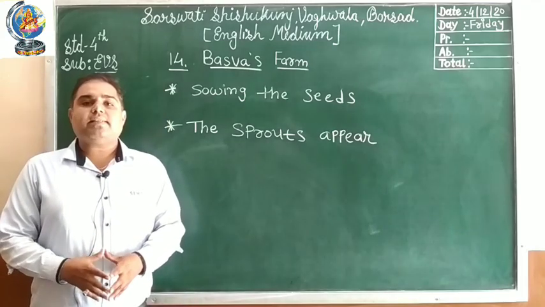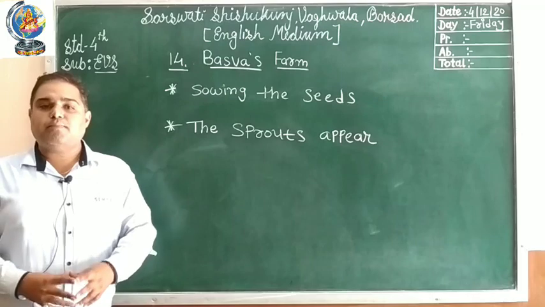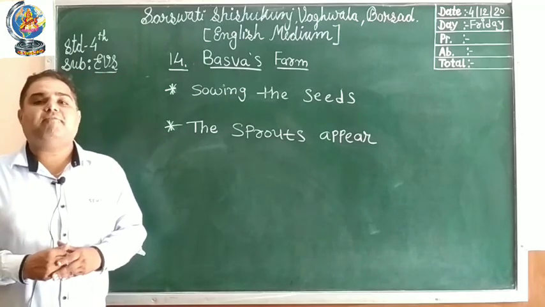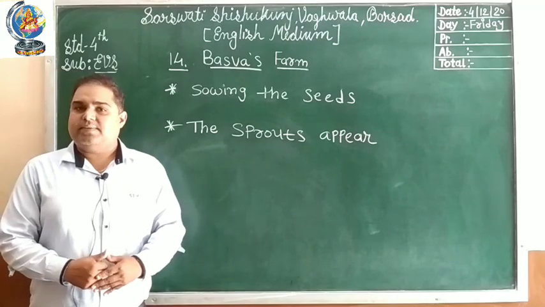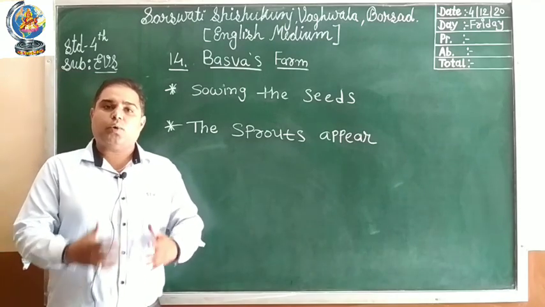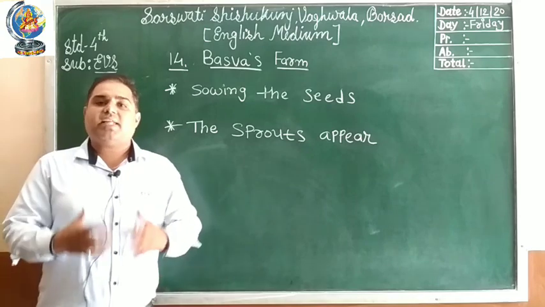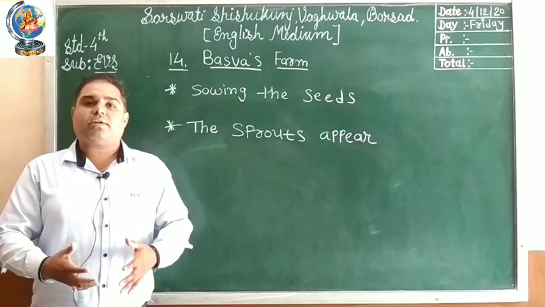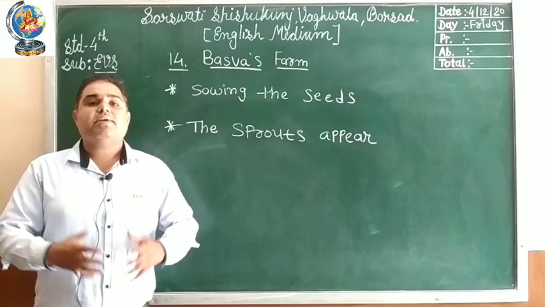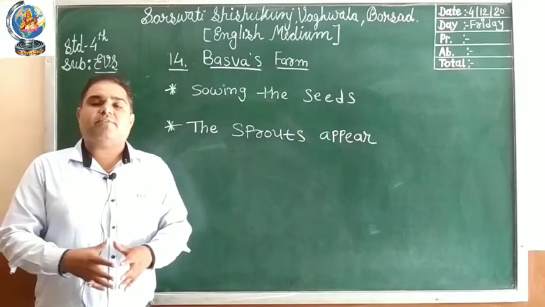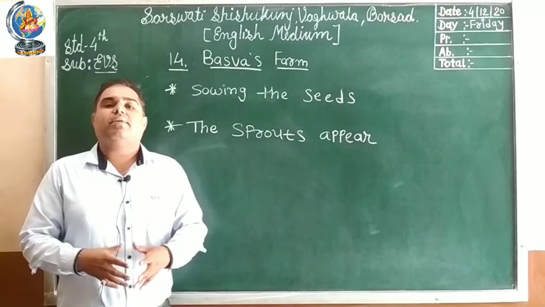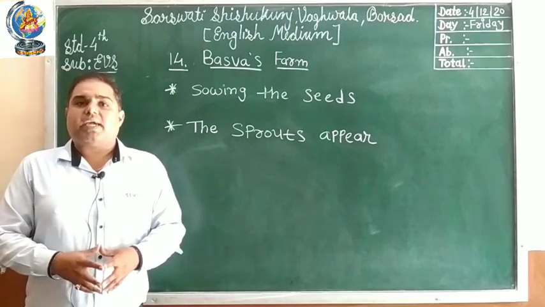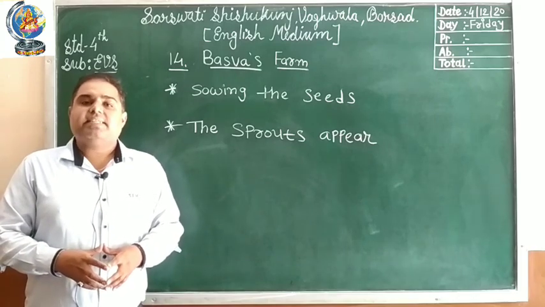Now, Basva's father says that we must remove the weeds so that they do not take up all the water and fertilizers. So students, as the weeds are growing along with the main crop, whatever water they have given to the onion crops, some water will also be taken by weeds. And if they put some fertilizers in the onion crops, weeds also take those fertilizers. So if they do not remove the weeds, what happens?